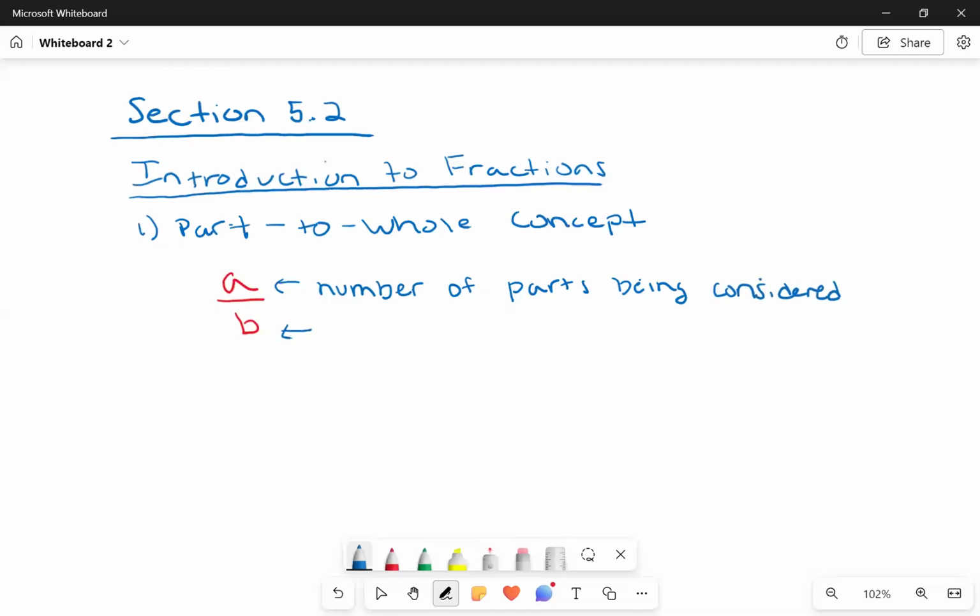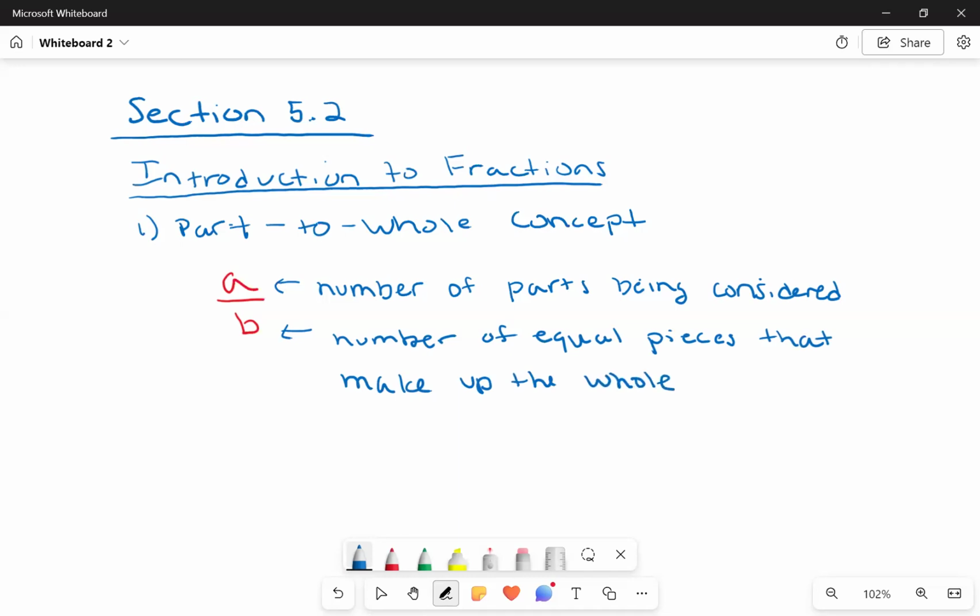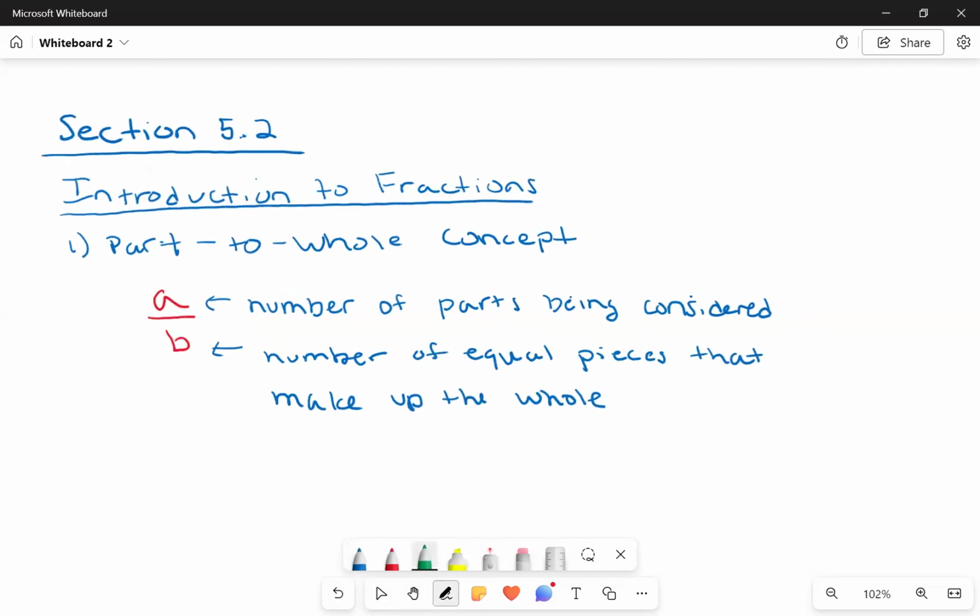And then B is the number of equal pieces that make up the whole, or what we're looking at in general. And of course, we do have some terminology when we talk about these two. We refer to A as the numerator and B as the denominator. Just want to throw that terminology out there in case it's been a while.